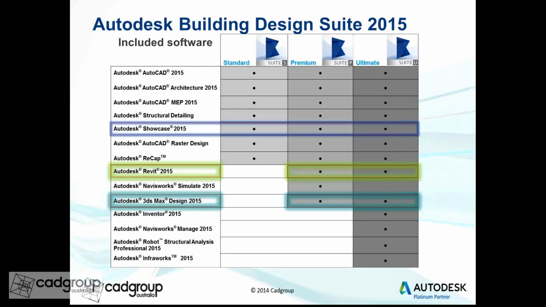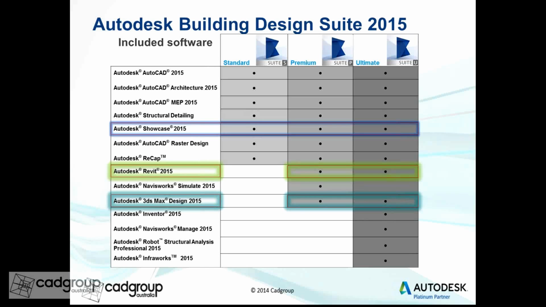Especially, I can talk about there are basically 3 different editions of Building Design Suite. The first is Building Design Suite Standard. That's the DWG-based technology, so there are a variety of AutoCAD software shipped with this edition. The next is Building Design Suite Premium, and that is where there is the software Showcase, and as BIM-based software we have Revit and 3ds Max Design.